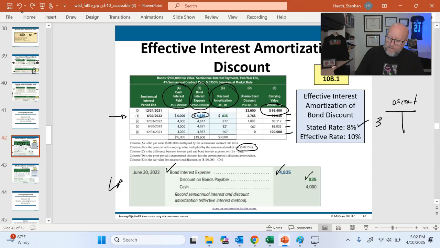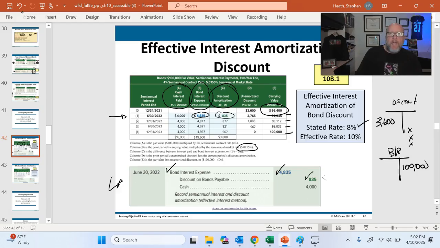The discount is a positive amount. The bond payable is credit. Okay? So I'm going to lower the discount every period and I'm going to pull it from this column. Right? So if I wanted to lower the discount, I would credit the discount in this first year by 835.